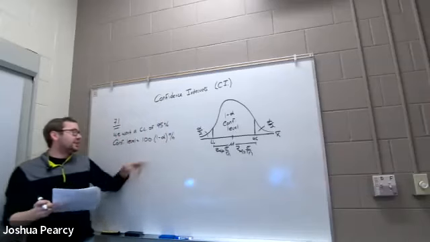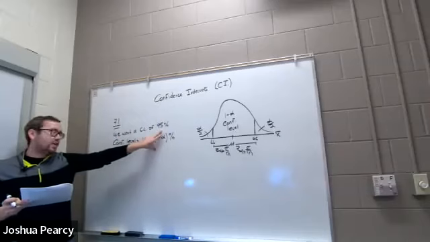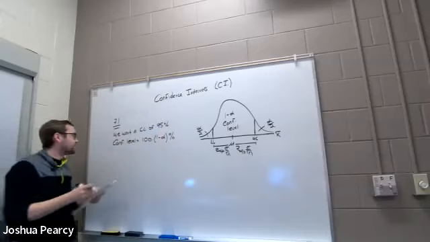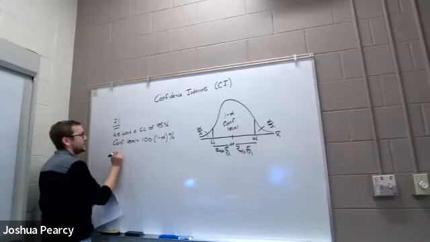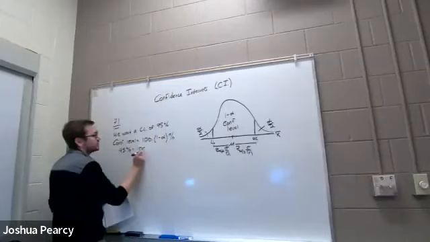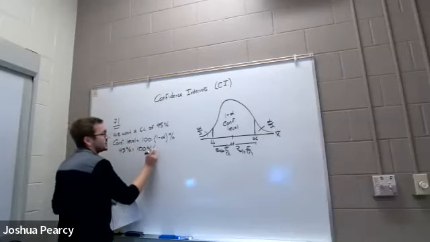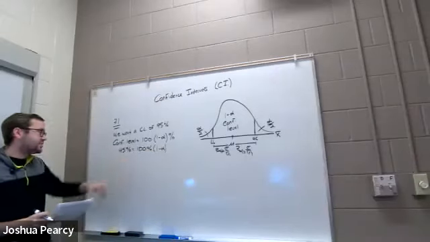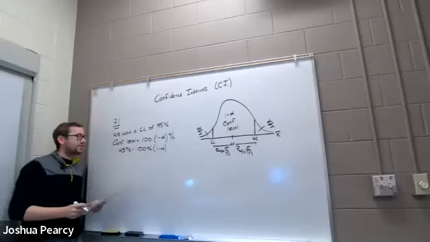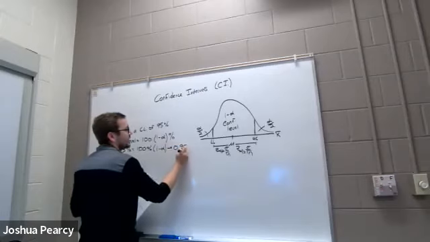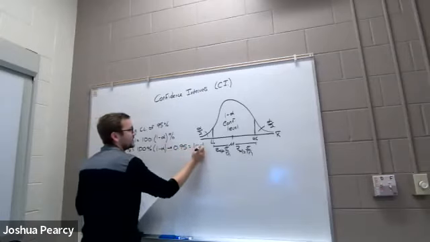Then I'm given the confidence level that I want it to be, so all I need to do is solve for alpha in this case. If I do that, this will be 95% equals 100 percent times 1 minus alpha. Divide the 100% over, and the percents cancel out, and that leaves you with 0.95 equals 1 minus alpha.